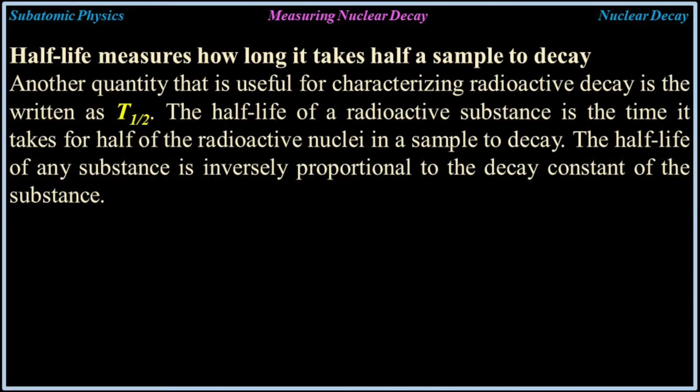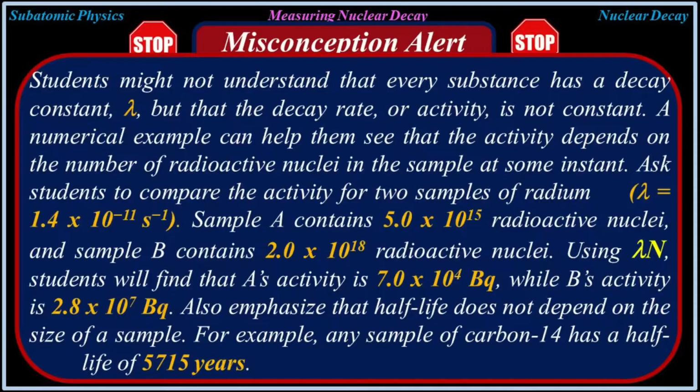Another quantity that is useful for characterizing radioactive decay is written as T sub 1/2. The half-life of a radioactive substance is the time it takes for half of the radioactive nuclei in a sample to decay. The half-life of any substance is inversely proportional to the decay constant of the substance.